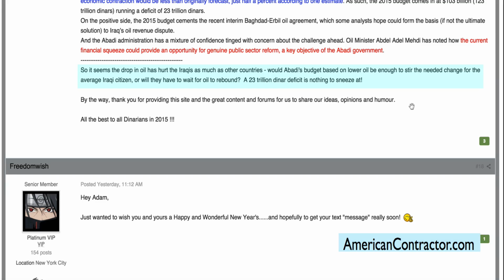If not, they're going to be squashed because they can't afford it, because oil is 50% of their 2013 budget. Go back and read that article I wrote two, three, four days ago, the Iraqi Dinar revaluation article. Just look at the top there, the AmericanContractor.com website, and go ahead and read it.